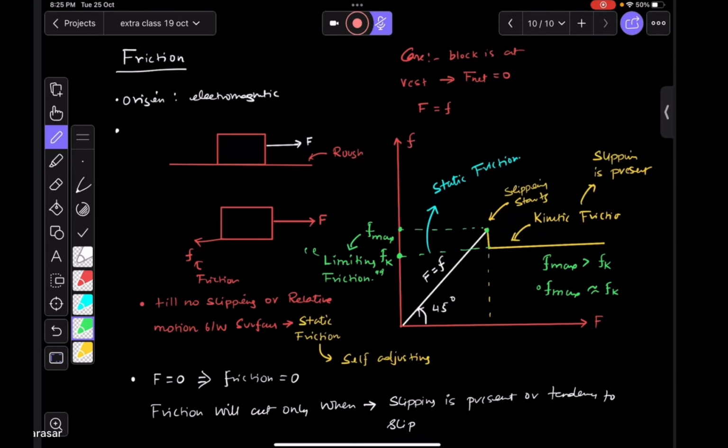Because suddenly the friction force drops, no? The moment you apply a little bit more than that, how much more? Anything more than that, 100 zeros. Why does it suddenly drop? If it dropped over some range of force, there would be a straight line having some slope.